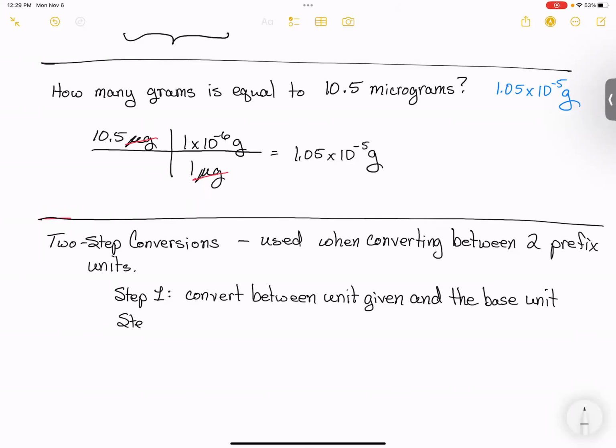Step two will be to convert between the base unit and the desired unit.